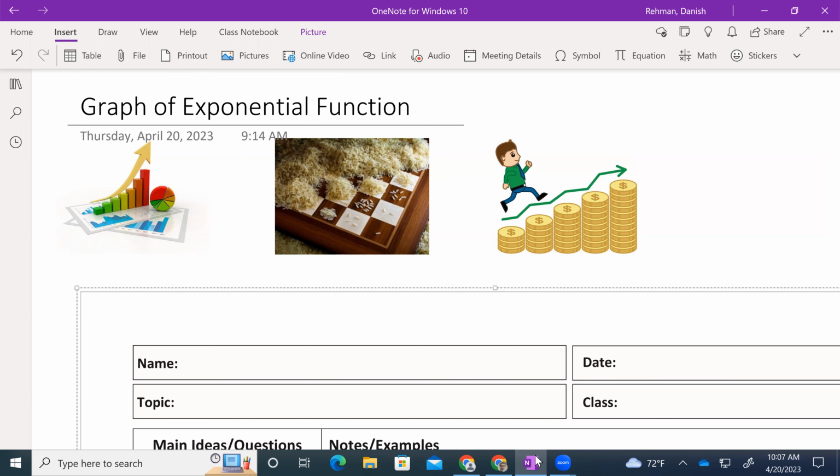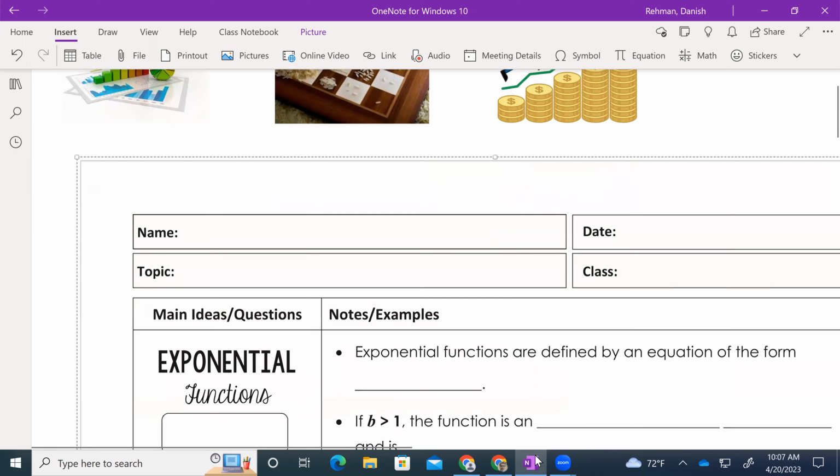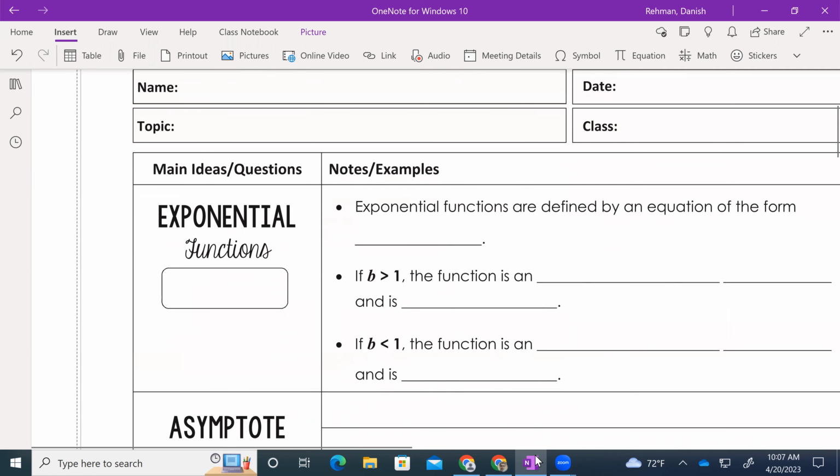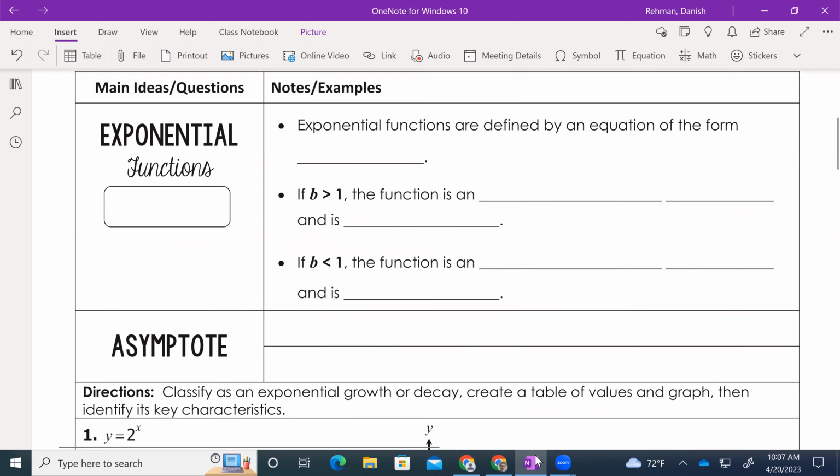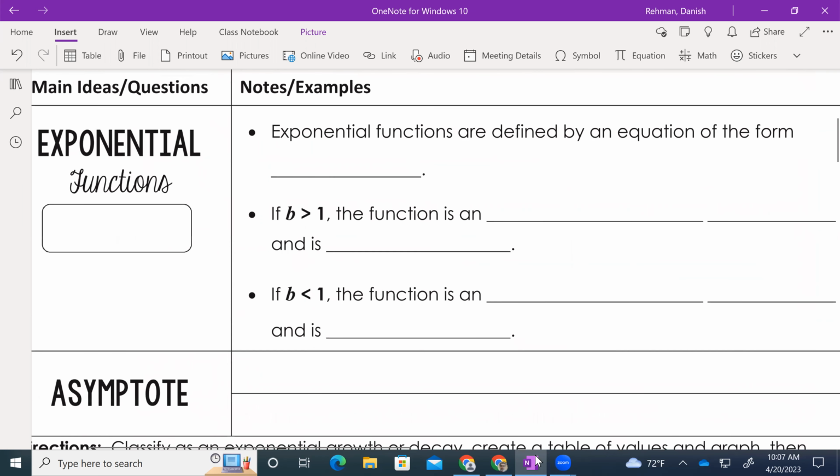It can be viruses, bacteria in the lab, exponential growth of the population, and other things that we have seen in the presentation and in the video in Nearpod. So in this session, we will work on the basics of exponential key attributes.